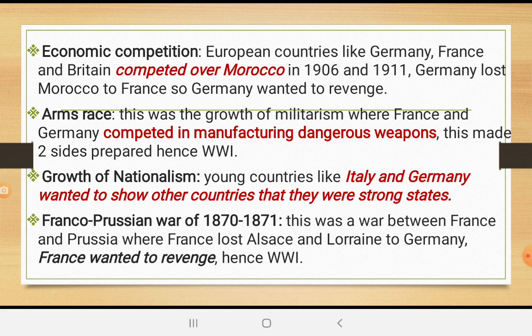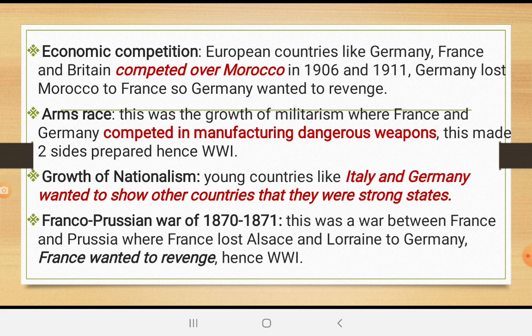Germany wanted revenge, hence the First World War.